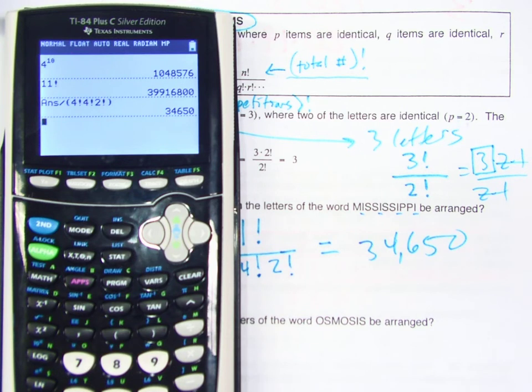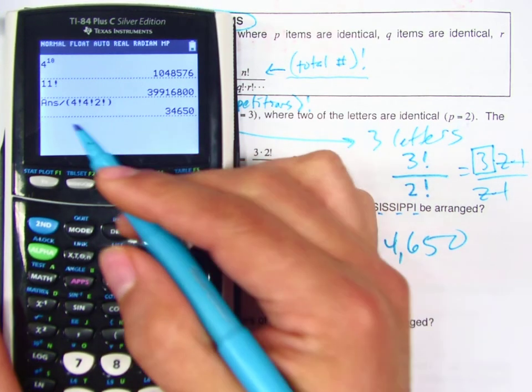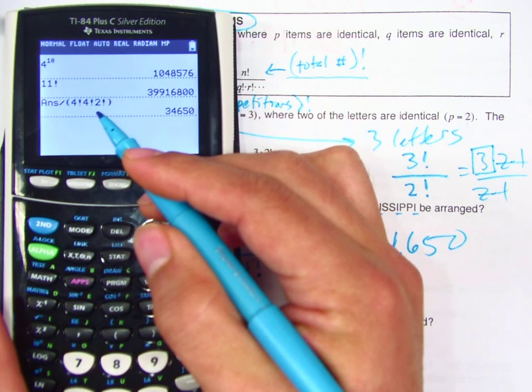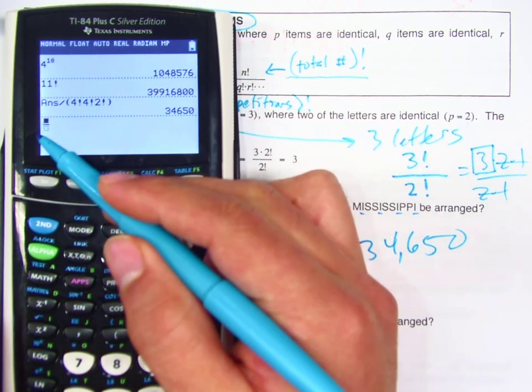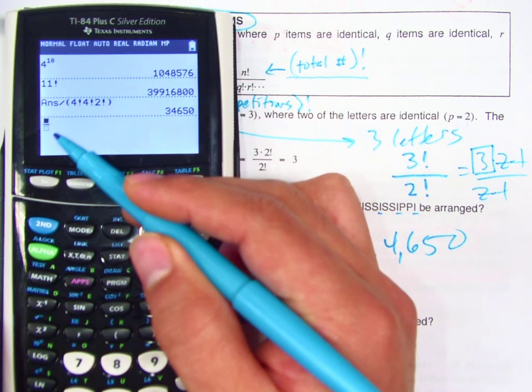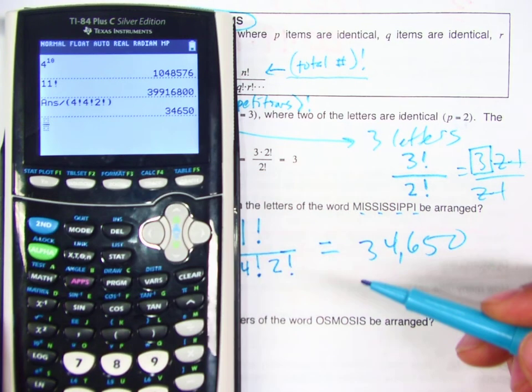Otherwise, it'll do 11 factorial divided by 4 factorial, but then it takes that number and now starts multiplying by 4 factorial and 2 factorial. So either do it one at a time, or remember alpha y equals is still your friend. Get that little fraction template to pop up and then just fill it in as you have it written on your paper. Okay, does that make sense?